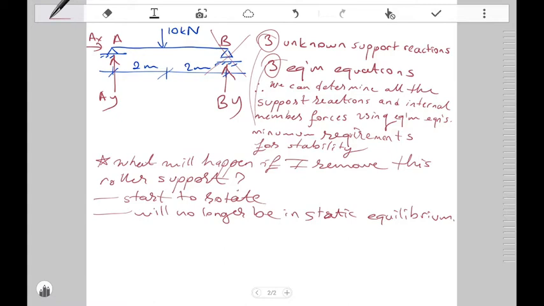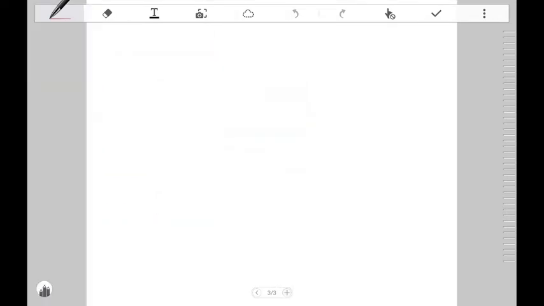The other property of a determinate structure is as follows. Let's say that I have these 3 structures. The first one is I have a very thin member. In the second case, I put a very strong member.